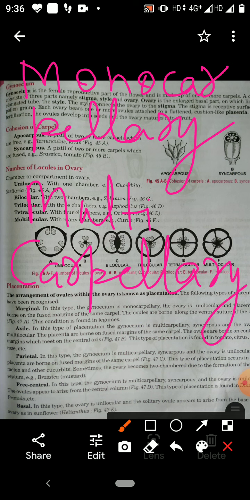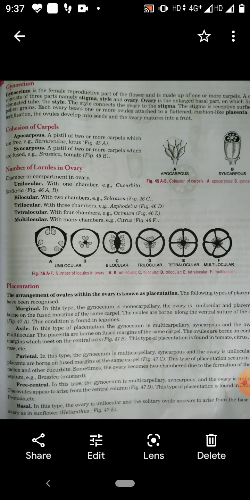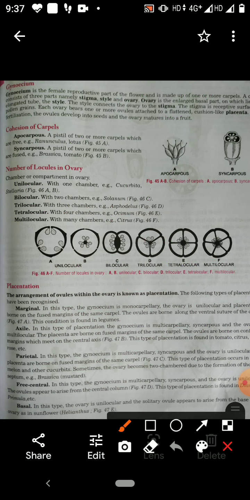So gynoecium is made up of one or more carpels. If there is one carpel, it is called monocarpellary. If many carpels, then it is called multicarpellary. Gynoecium is differentiated into three parts.